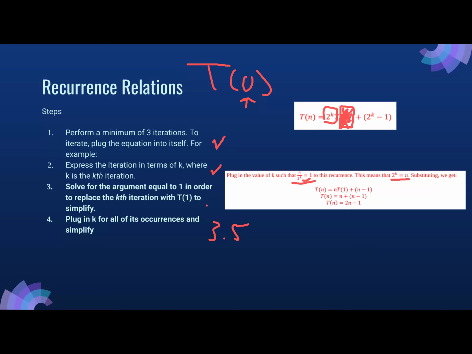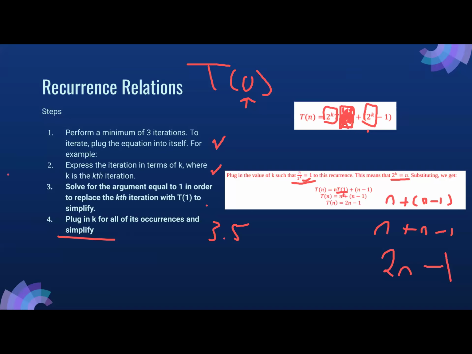We don't really care about plugging in here because what's going to get plugged in here is T of 1, which is just 1, right? And then the other occurrence of k is 2^k. So if we know that 2^k equals n, hey, we can go ahead and plug in an n here, and an n here, and then at this point, all we need to do is simplify. So we have n plus n minus 1, which is 2n minus 1. Simple algebra, but that is essentially how you do it.